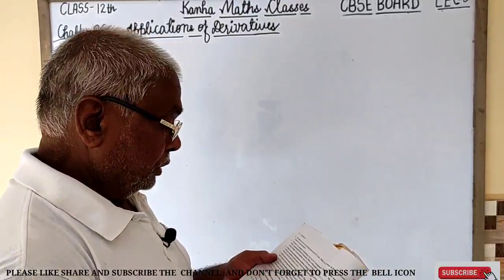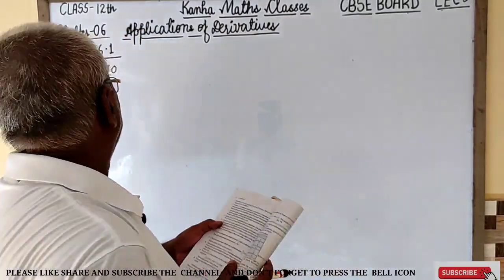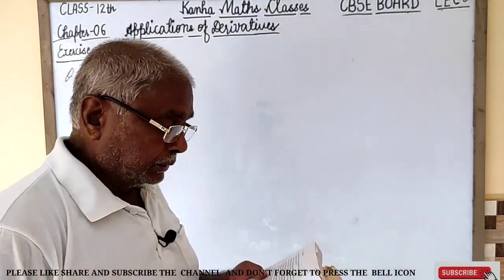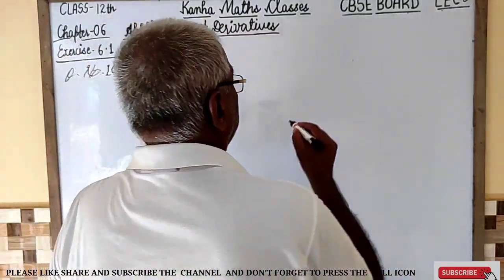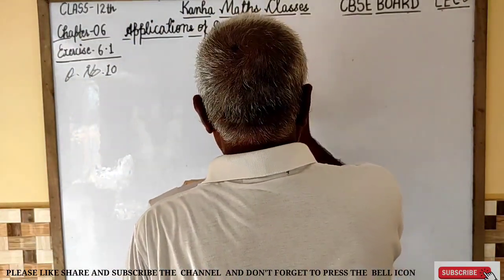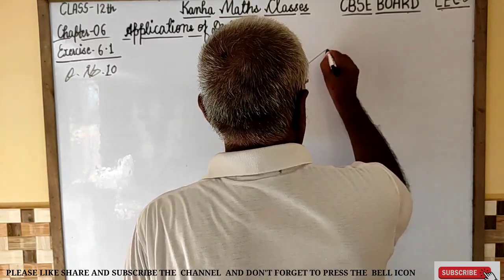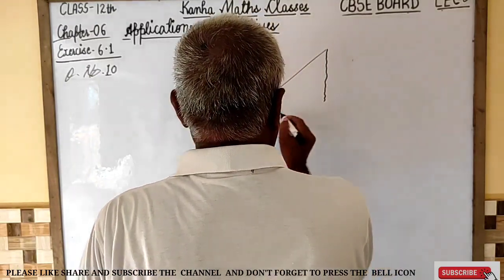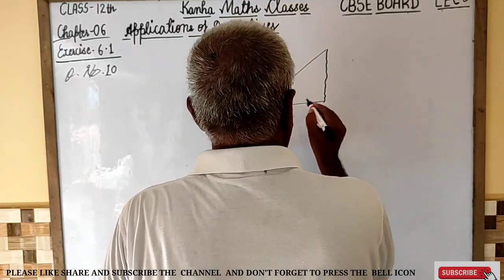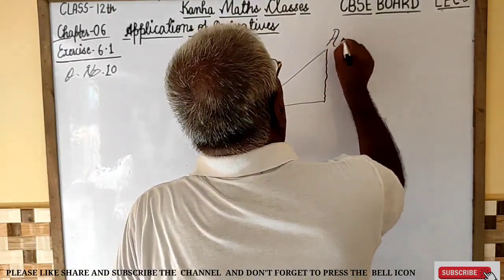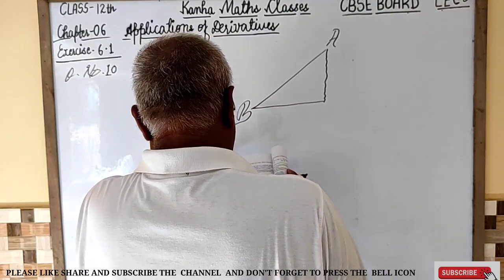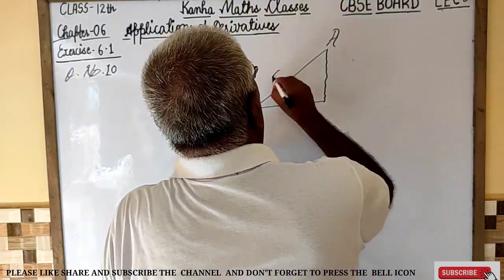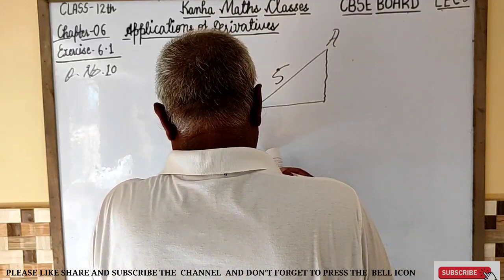Now in question number 10, a ladder is leaning against a wall. AB is a ladder 5 meter long.